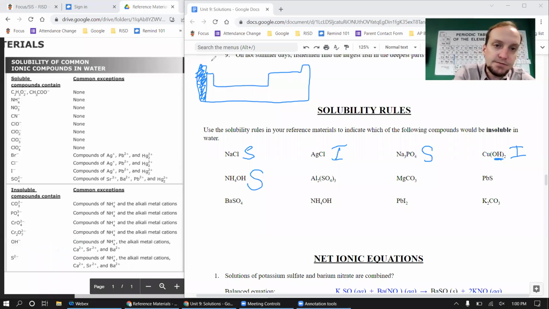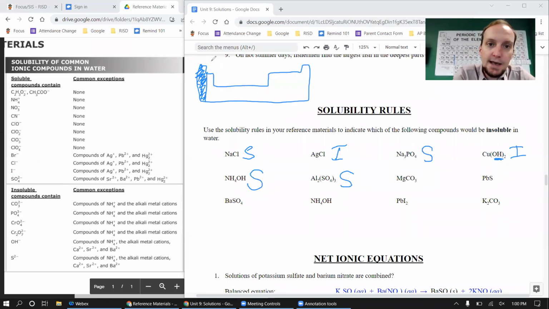So you see how this works, guys? Aluminum sulfate. Sulfate is located right up here. Its exceptions are strontium, barium, lead, and mercury. Aluminum is not one of the exceptions, so that will keep it where it belongs, which is soluble. Again, if aluminum was one of the exceptions, it would make it the opposite, which is insoluble.